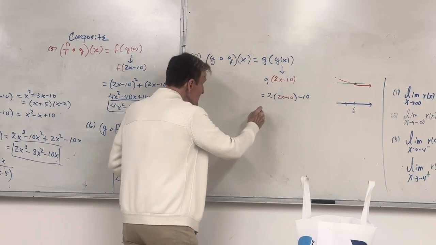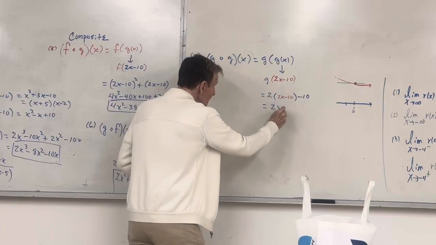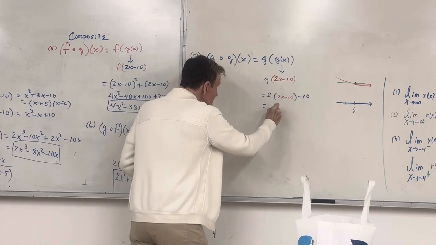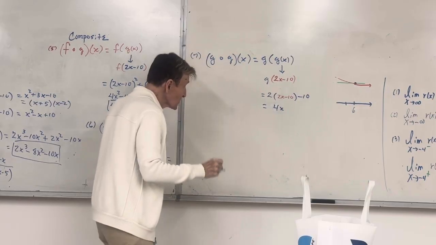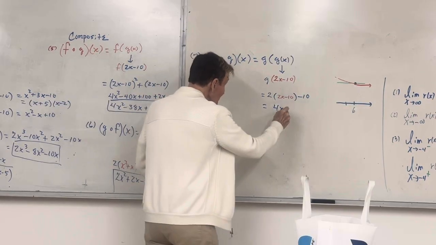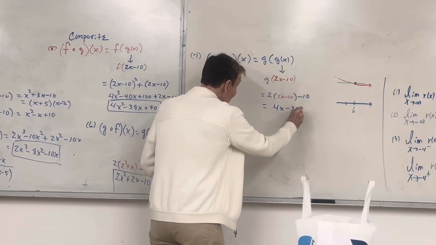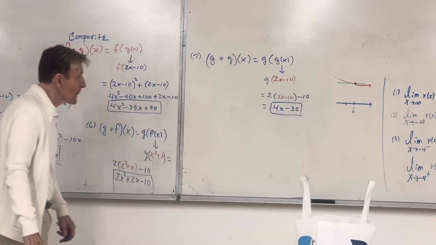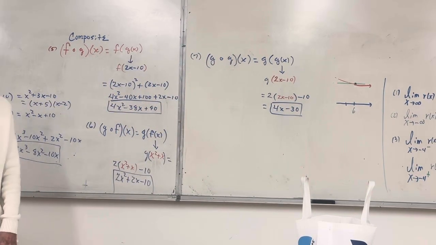I did it quickly. It's not 2x, it's 4x. Looks like subtract 20, subtract 10, I think that's minus 30. And that's my answer. That's g circle g. If there's no mistake, I did it quickly.